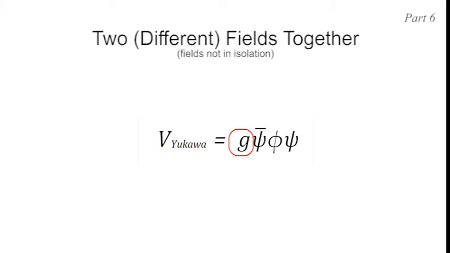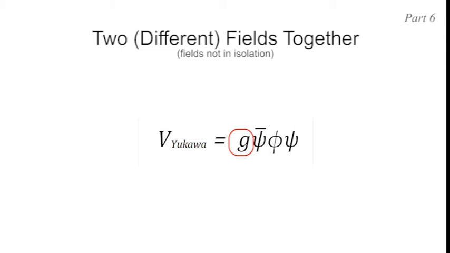This is the term that we're going to use for what is known as the coupling constant between the two fields, phi and psi, between the scalar field phi and the fermion field psi. The bigger G is, the bigger will be the interaction energy between the two fields. This coupling constant G will take different values for different pairs of fields.